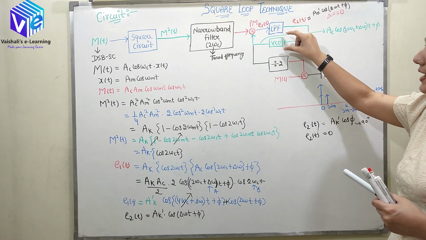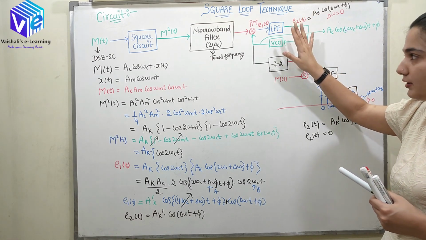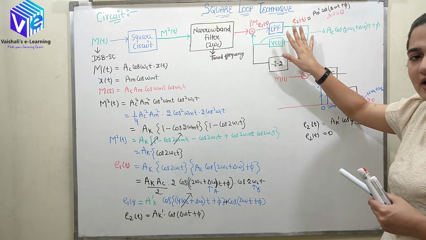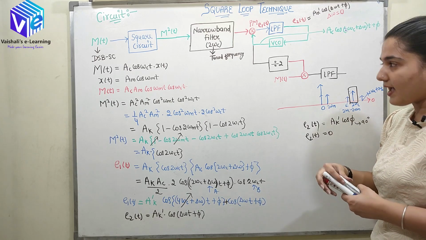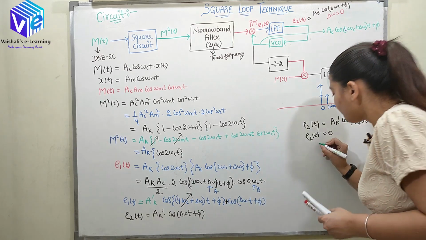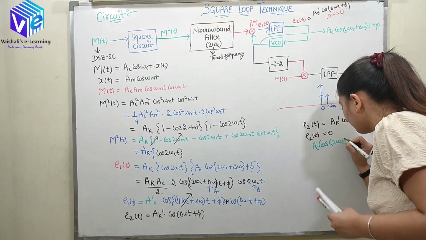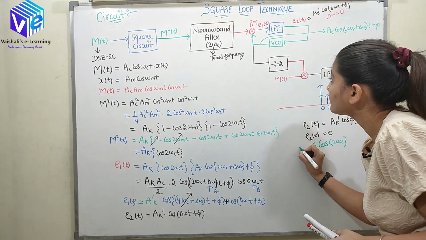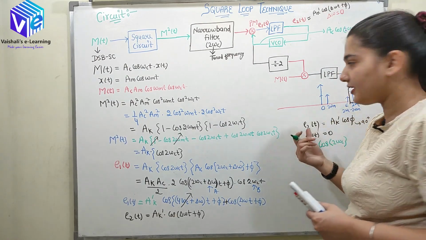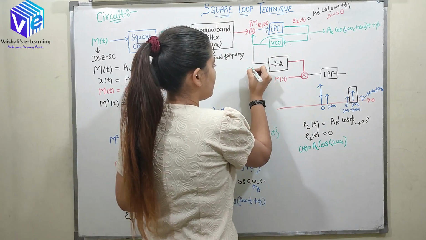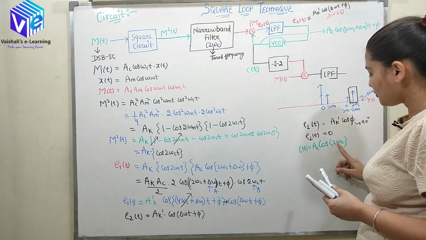So at this time I can say my voltage controlled oscillator's knob is locked, and now I am not changing any phase and frequency. So now from here I can say I have generated cos of 2 omega c t. The c t generated here is AC cos 2 omega c t.